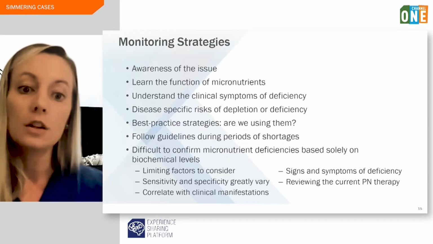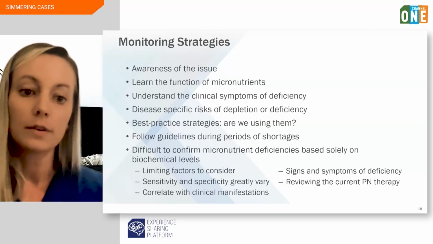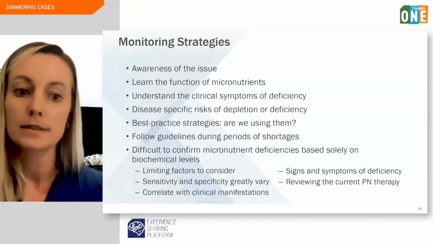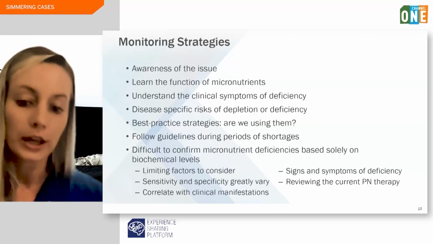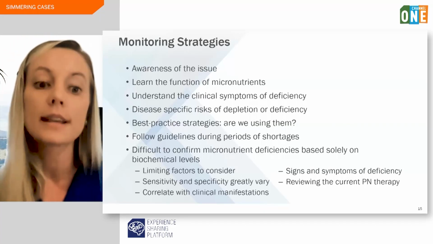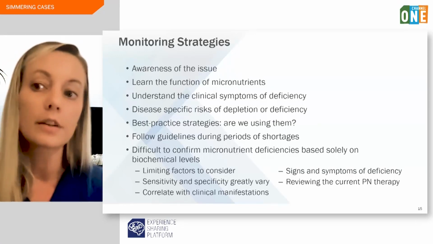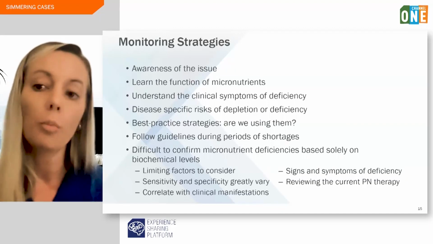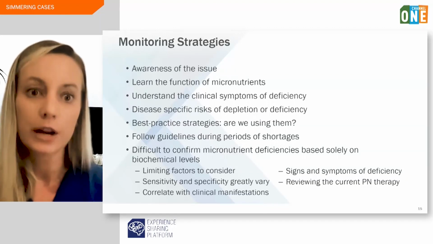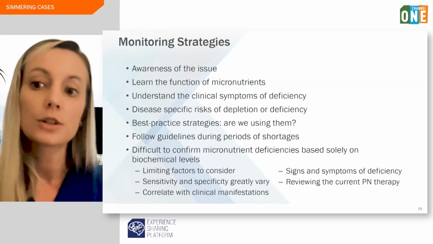It is difficult to confirm micronutrient deficiencies based solely on biochemical levels. So there's a lot of things we have to consider. It's not always just looking at a blood work marker or a lab level, because the sensitivity and specificity may greatly vary, and there are a lot of other limiting factors to consider. So we really do have to look at the whole picture of the patient and their clinical trajectory when we're looking at these clinical manifestations and if deficiencies are present.